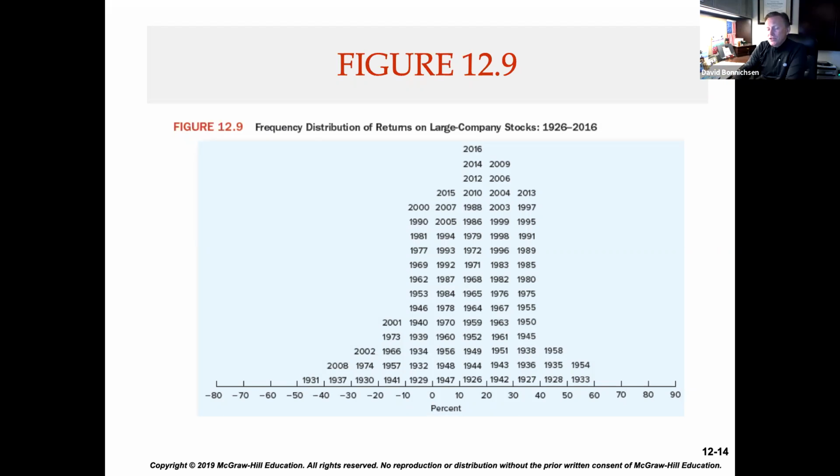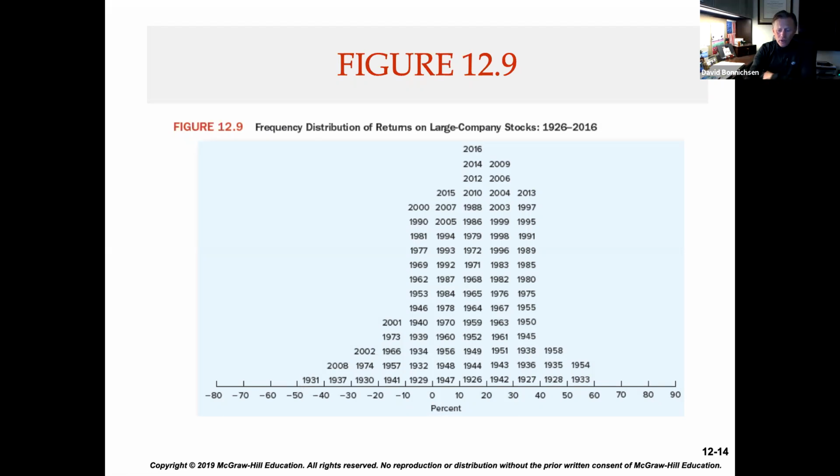We can see clusters of returns. We can see that the largest number of returns, positive returns, is in that 10 to 20% range, and the years in which those returns occurred.